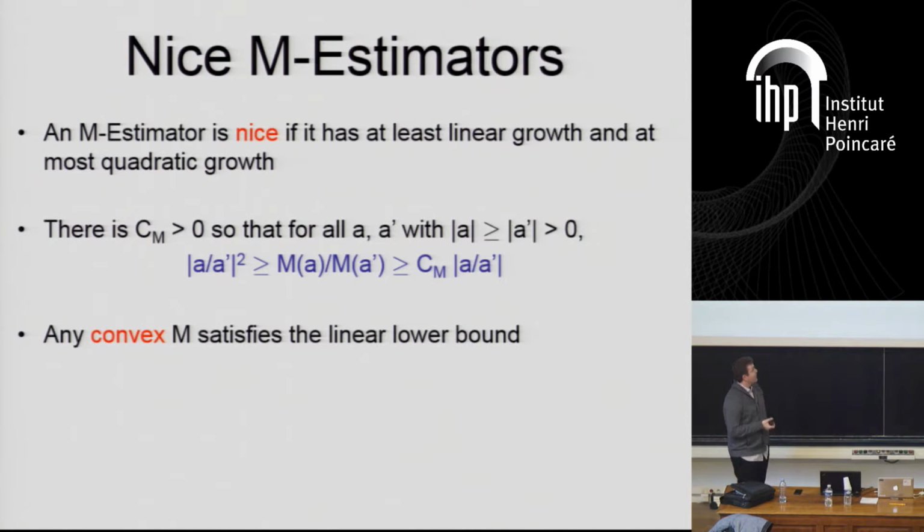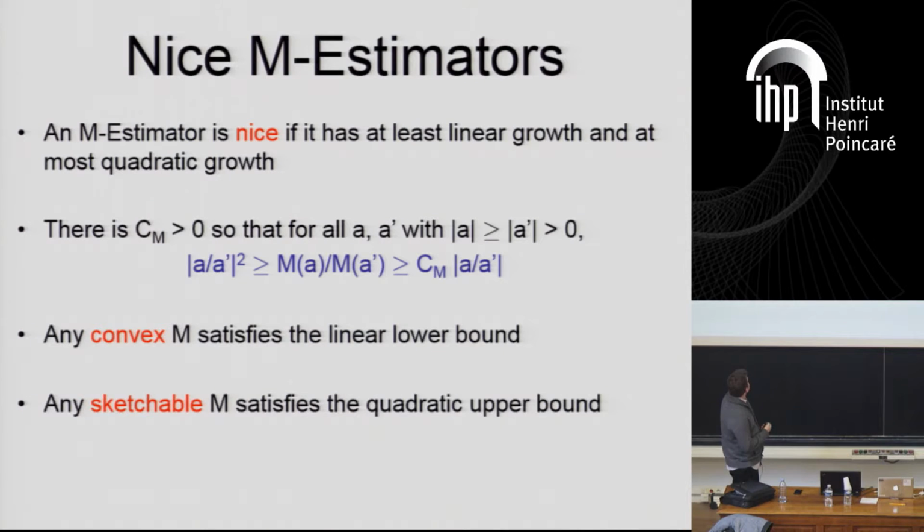It's worth noting that any convex function M satisfies the linear lower bound. And oftentimes you want your M function to be convex, because then you can solve this M regression using general convex programming, because the sum of convex functions is convex, so the whole problem is convex. Though other non-convex functions also satisfy this.